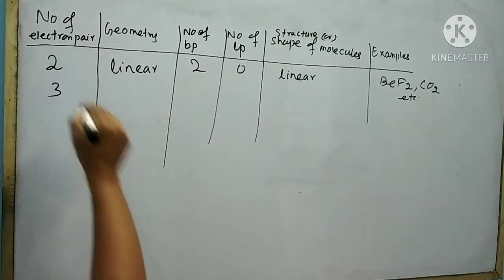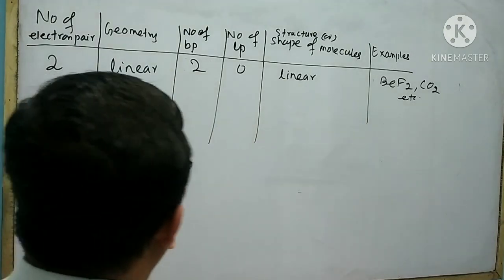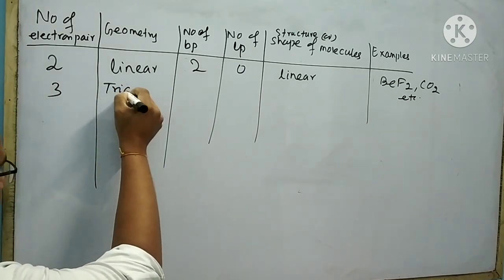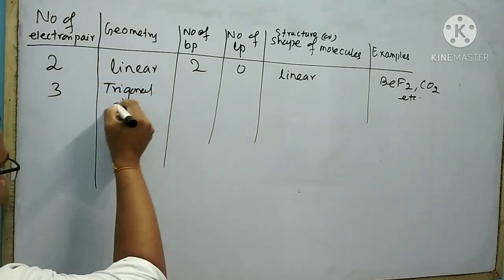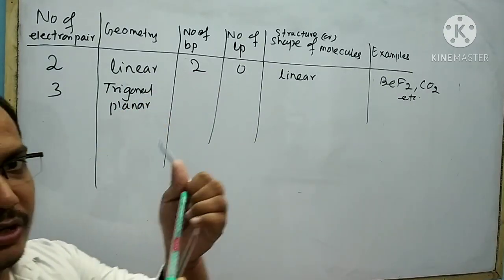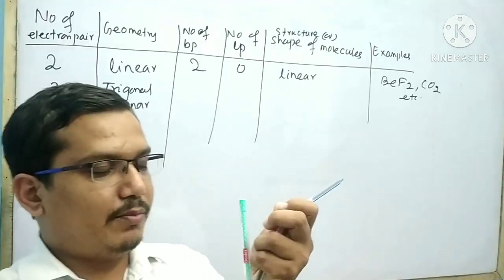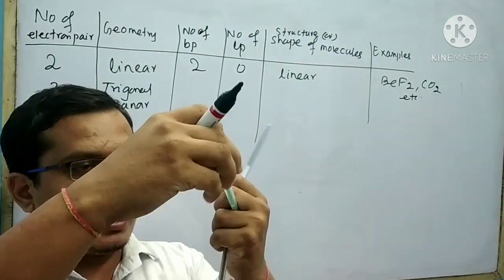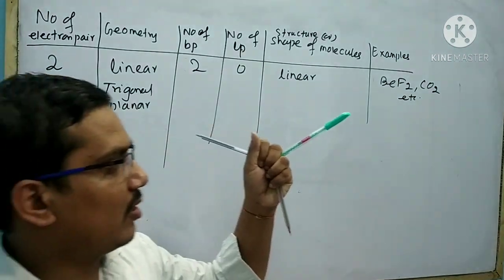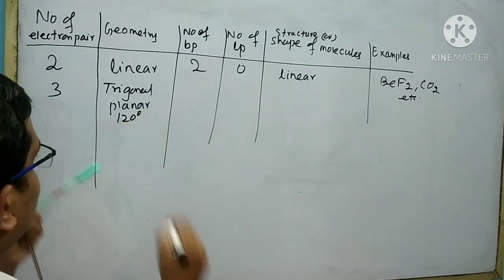Suppose a molecule has 3 electron pairs, then the geometry of the molecule is trigonal planar. You have to arrange the 3 electron pairs like this to maintain minimum repulsion. The bond angle is 120 degrees.